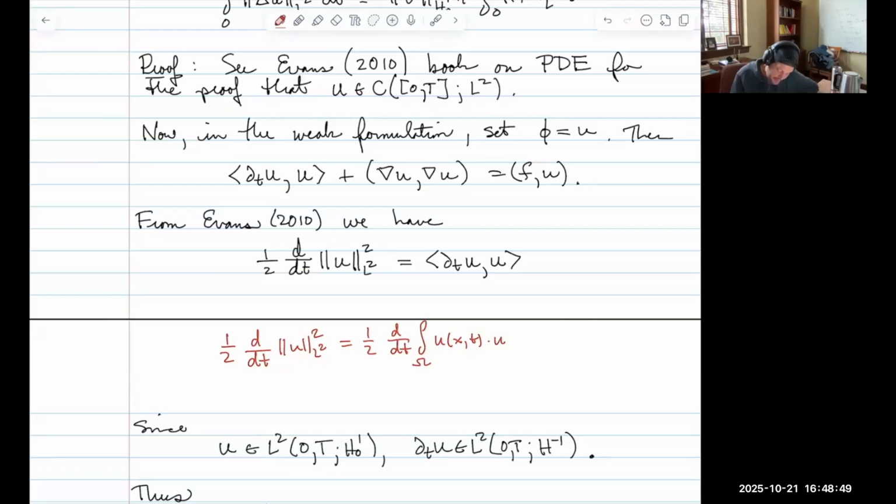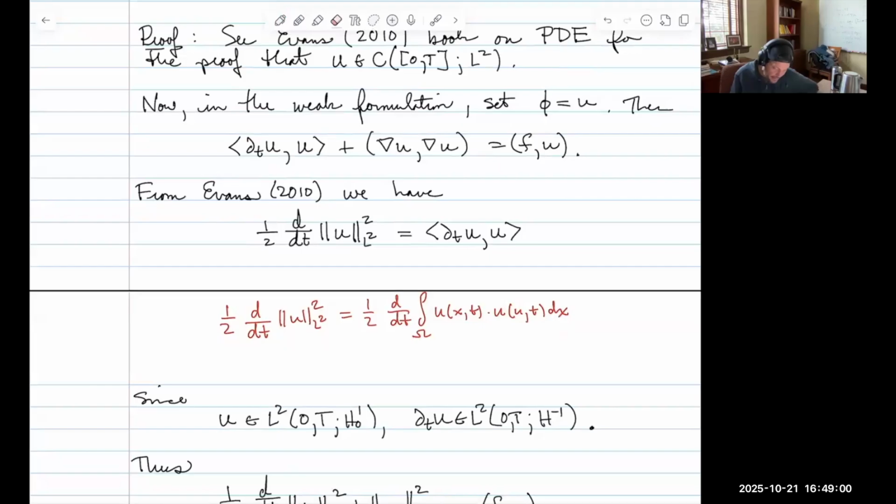And I'm going to write this as, instead of writing u squared, I'm going to write it like that. So that's what that is, right? Now pass the derivative through, and we're just going to assume that everything is differentiable in sight. What do we get? We're going to get a partial derivative of u times u.